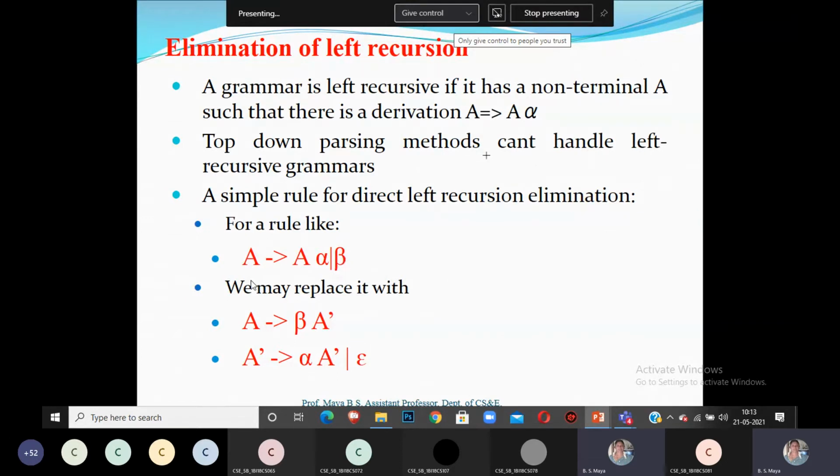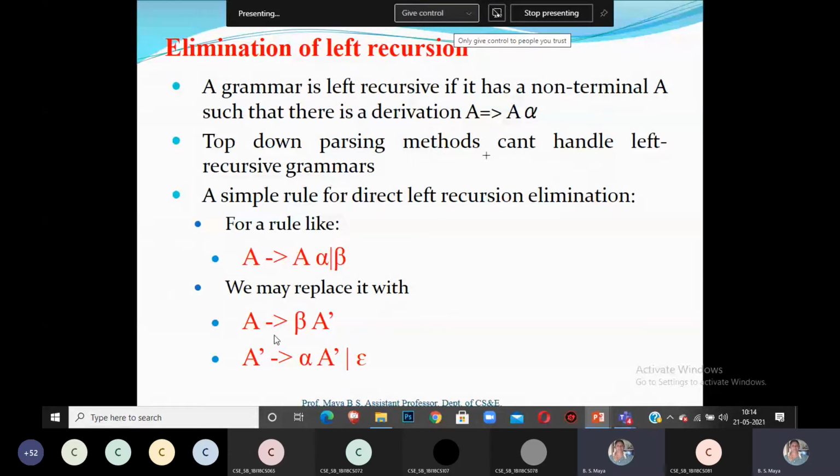Beta does not start with A, so you replace it with productions starting with beta. Beta can be any number of alternatives, but it will not start with A. All those alternatives we call beta.